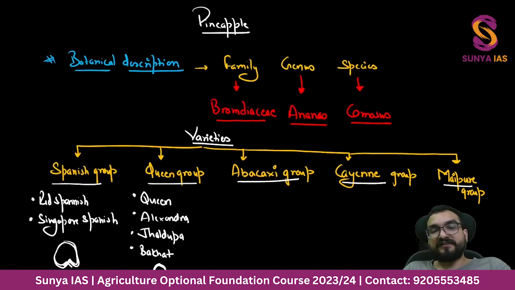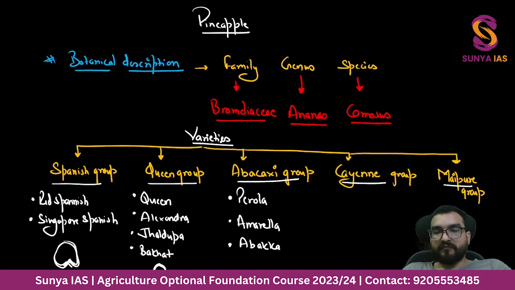In this Abacaxi group, you will find conical shape, like this. Okay? And the variety names are Perola, Amarella, not umbrella but Amarella, Abacaxi. In the Cayenne group, you will find flat conical shape.